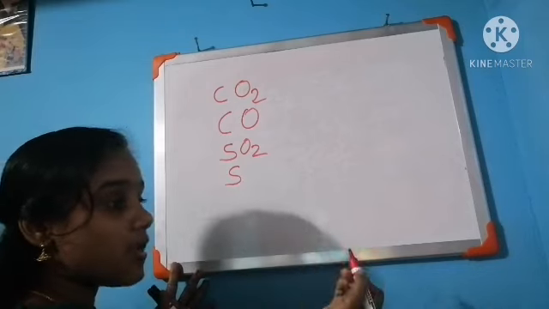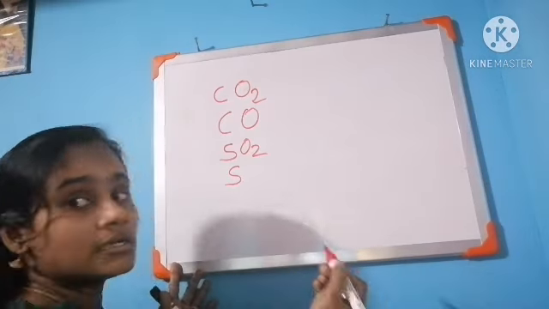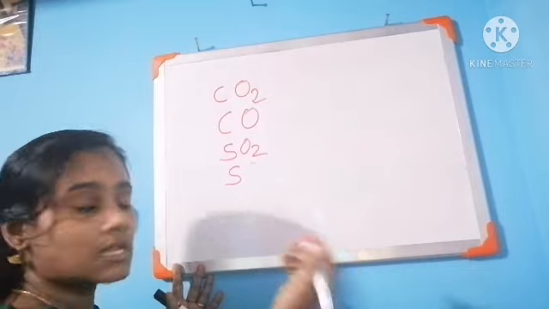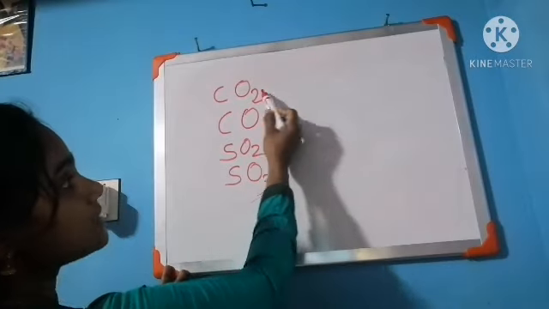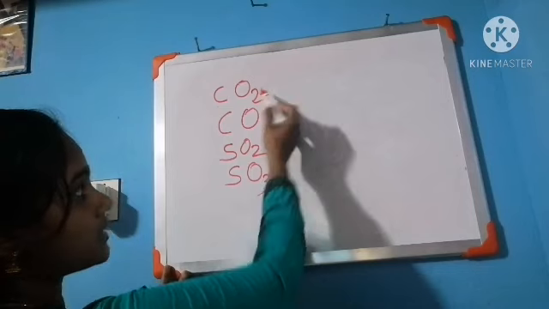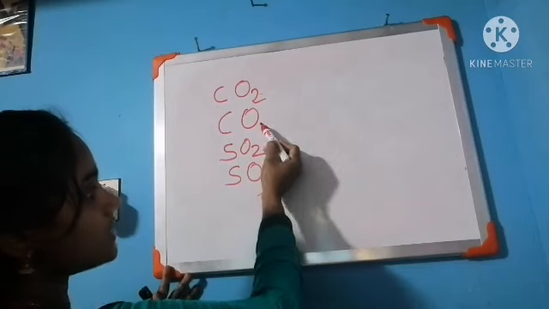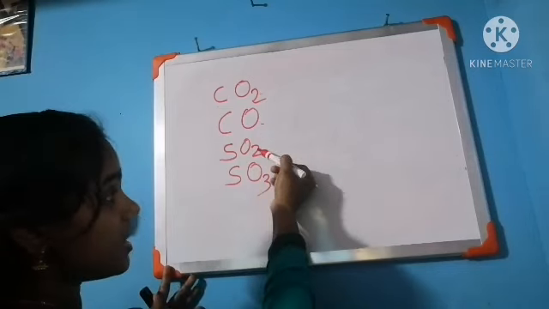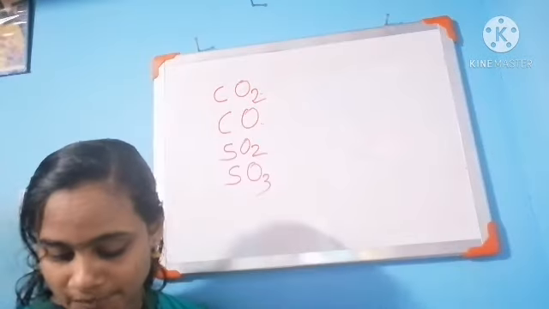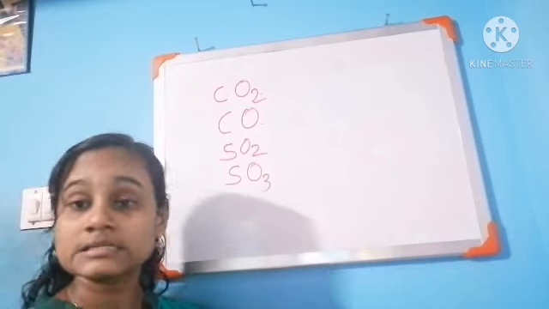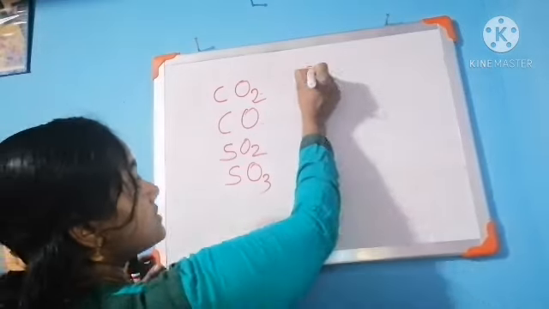Trioxide: how many oxygens? 3 oxygens. Tri means 3. Carbon dioxide, 2 oxygens; carbon monoxide; sulfur dioxide; sulfur trioxide. Is it clear?